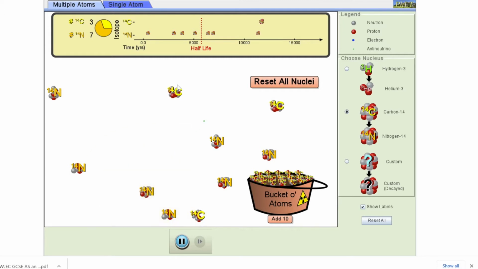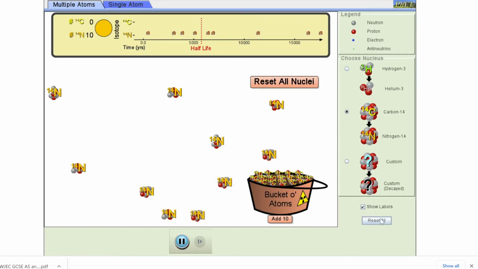We've got 3 carbon atoms left. Up to the half-life, out of the 10, 4 have decayed before, so 6 are going to decay after. On average, you'd have 5 decaying before that red line and 5 after, with an average half-life of somewhere around here, again around 6,000 years.